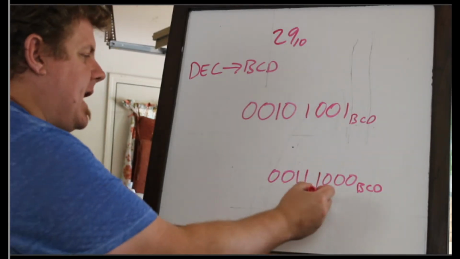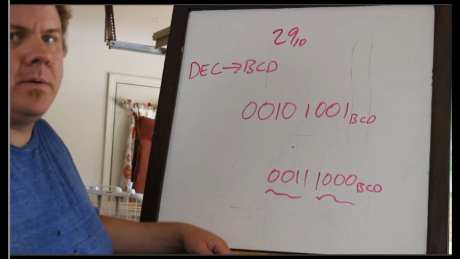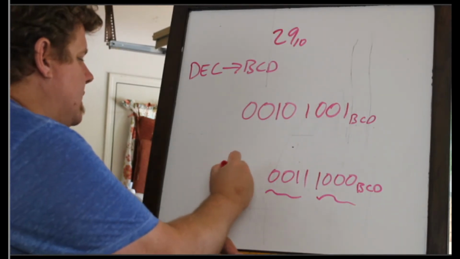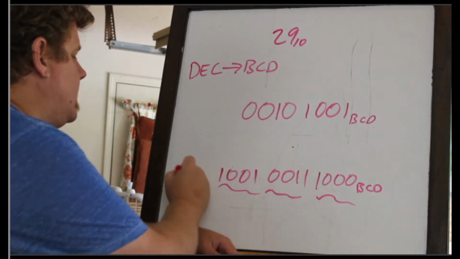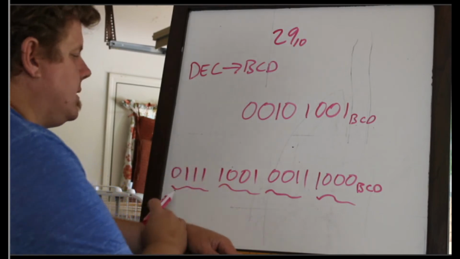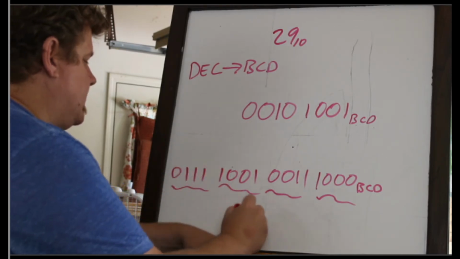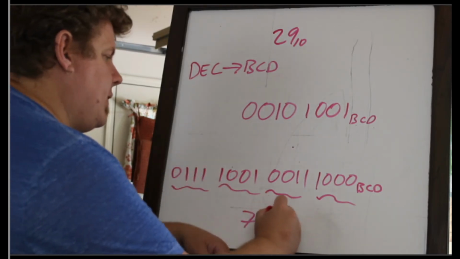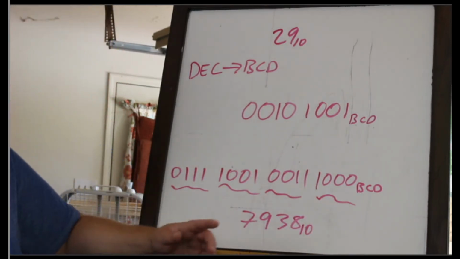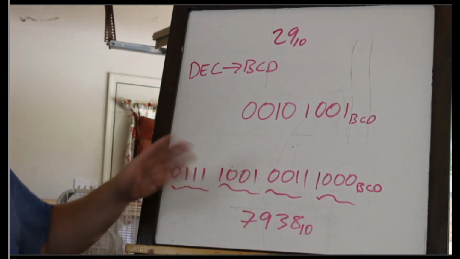But you always have to have the groups of 4. Okay? And so if you had another one, maybe there's a 9 out in front, and then maybe there's a 7. Okay? So this would convert to 7, 9, 3, 8.